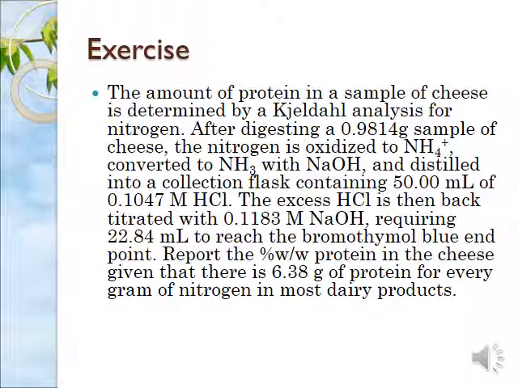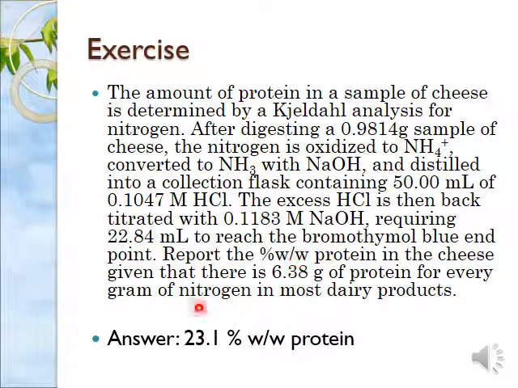So I want you to try this exercise, which will be counted as your attendance: finding the percentage of protein in a cheese sample. The answer is given there. The steps to get this answer should be similar to the previous example.